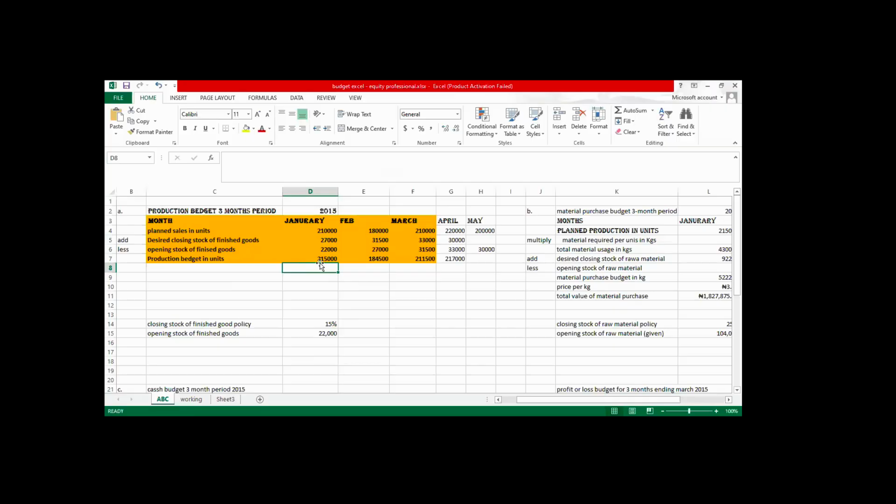I already put it here. You can see it. For January is 215,000. February 185,500. March 211,500. You are done with your production budgets.